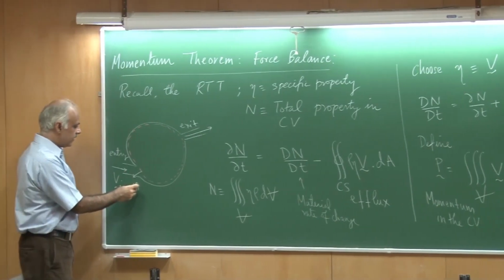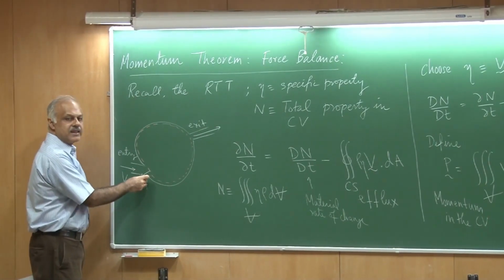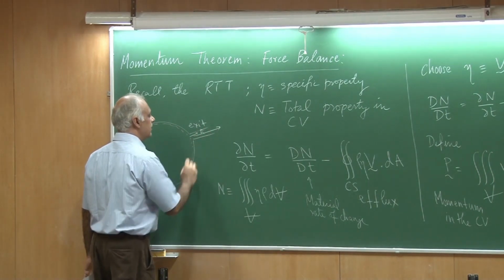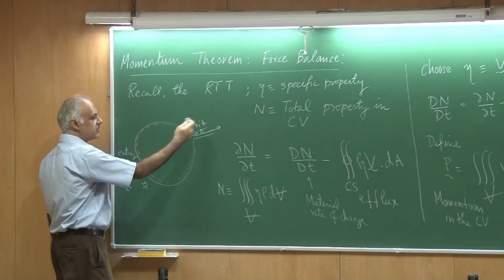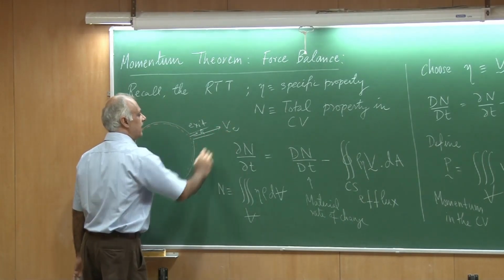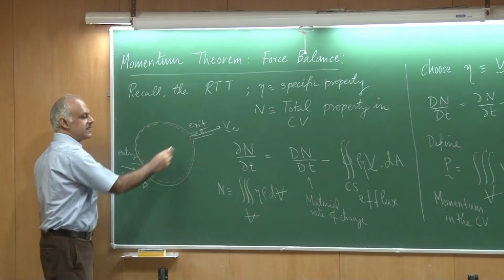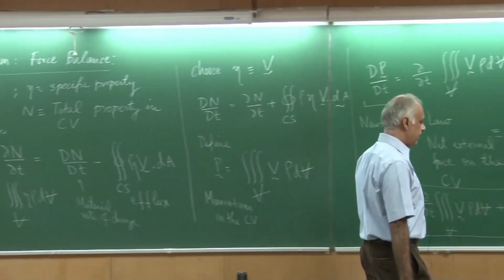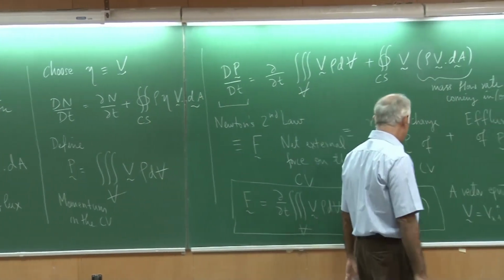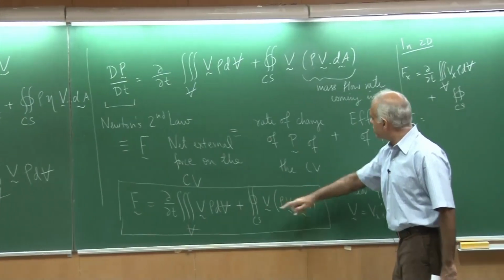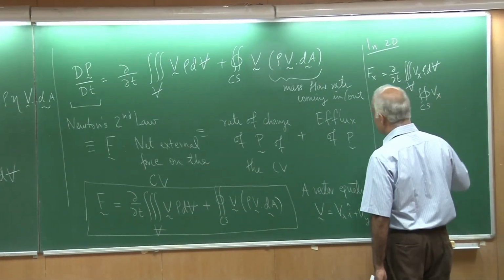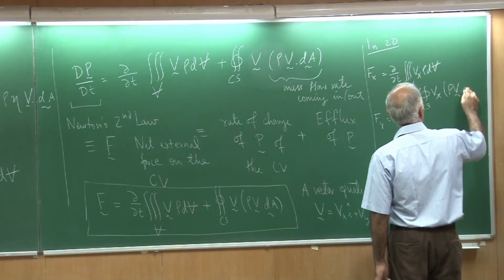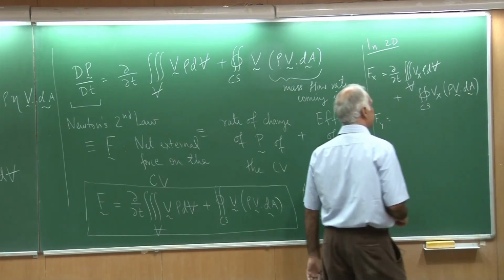So V dot dA would actually give me a negative sign. On the other hand, I have a unit normal which is in the positive direction outside, and velocity also at the exit is aligned with this, so I would get a positive term. So I am going to retain this and only replace this V with Vx. So this would become Vx times rho V dot dA.